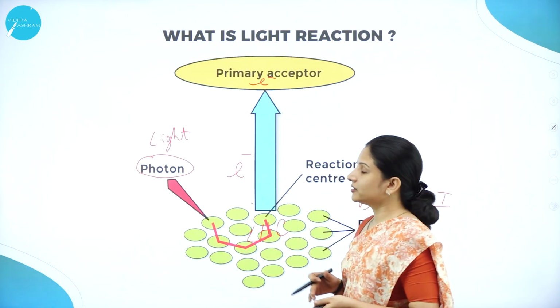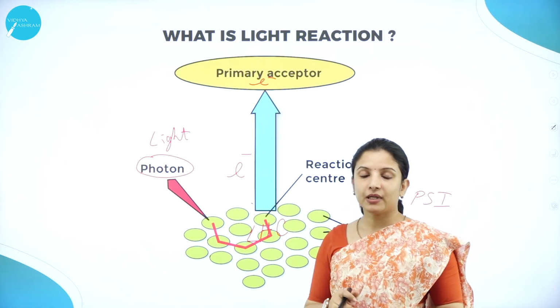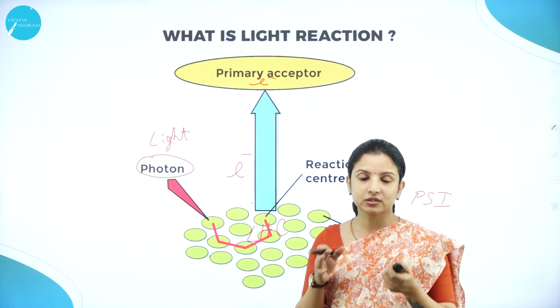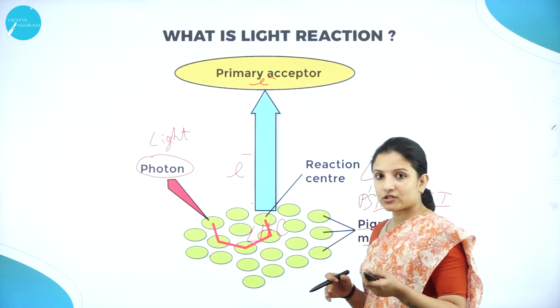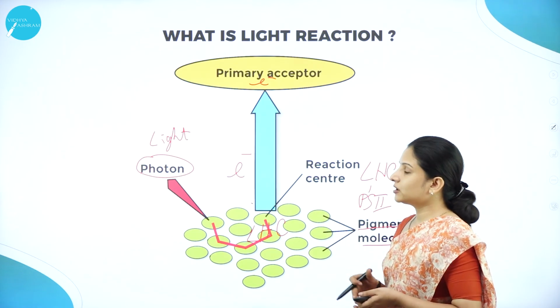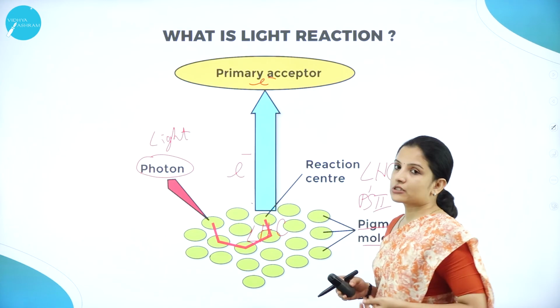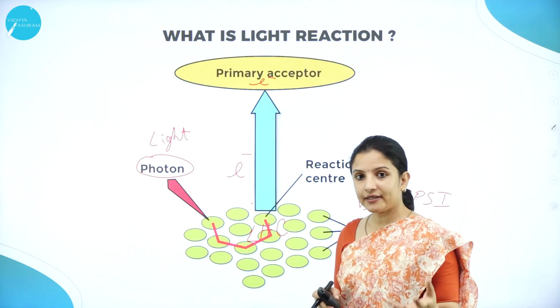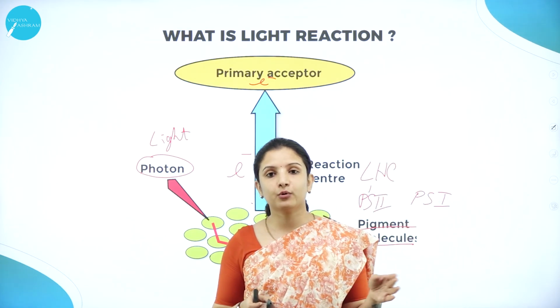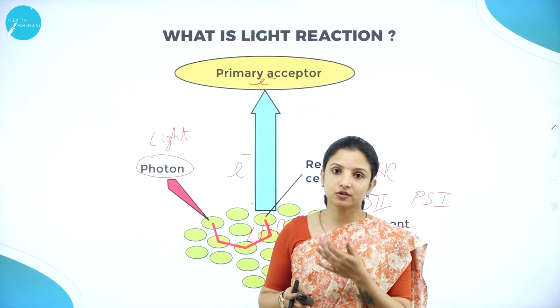And we also learned that in the grana of the chloroplast, the light reaction of photosynthesis occurs, and for the light reaction to occur, we learned how the electrons will get generated and transported. So we learnt about the light harvesting complex, which is made up of photosystem 2 and photosystem 1.